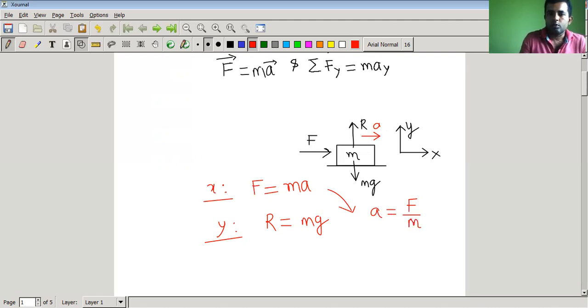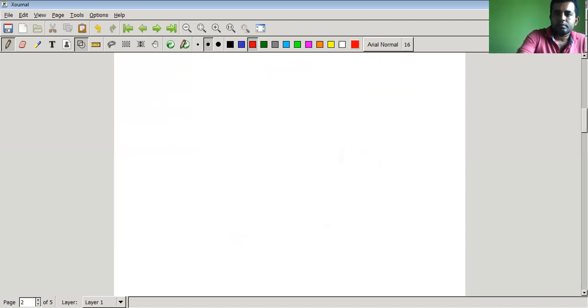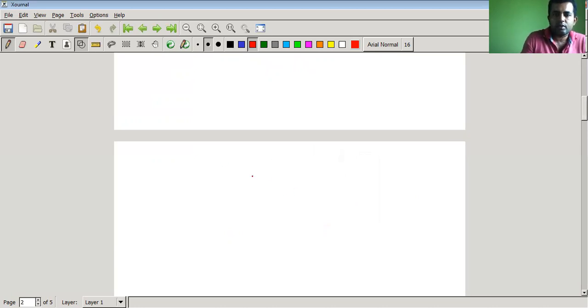Now moving on, suppose we are dealing with the same example, but in this case this is the block, this is the surface, and the force is acting along this direction, and this force is making an angle theta.